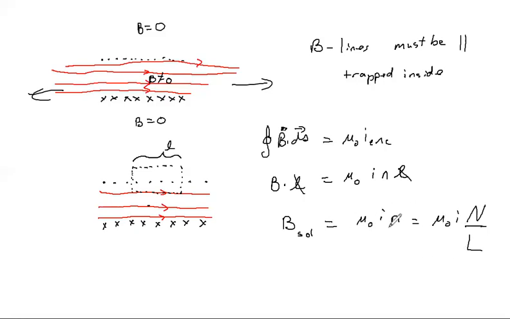In fact, for an infinite solenoid, the magnetic field becomes constant everywhere throughout. This is quite analogous to the role a capacitor played for electric fields, where the electric field was constant. In an infinite solenoid, the magnetic field becomes constant throughout.